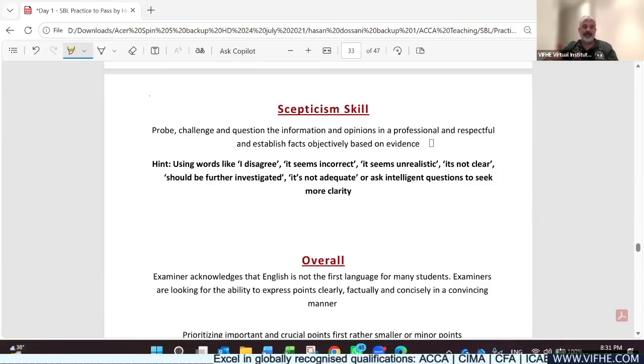I am a bank signatory, and I sign the checks. Shall I verify the payments, check the invoices and the supporting documents, or should I trust them? I don't trust anyone. It's always good to double check, to ask questions, to verify. So that's skepticism.